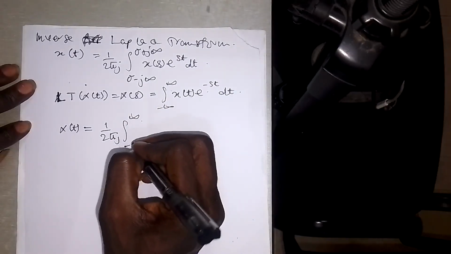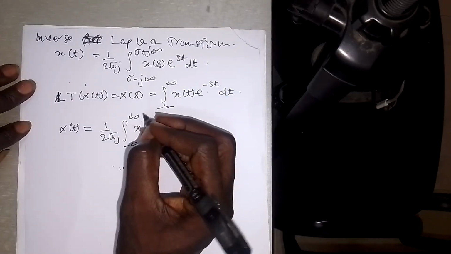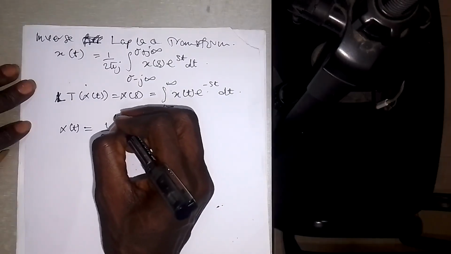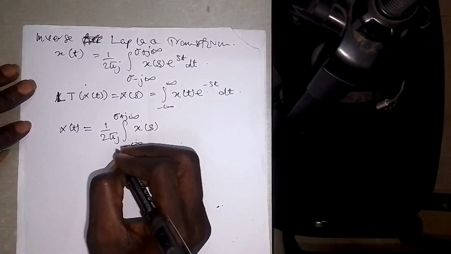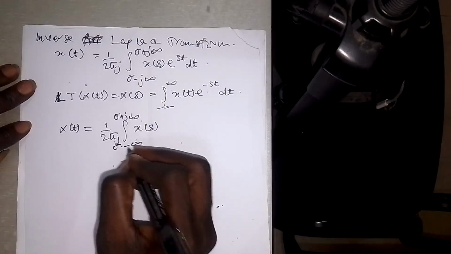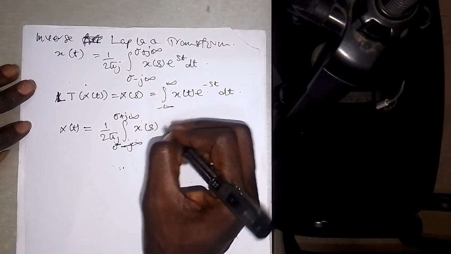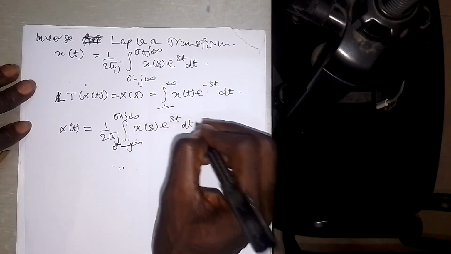The inverse Laplace transform x of t is equal to 1 over 2 pi j times the integral, here from sigma minus j infinity to sigma plus j infinity, of X of s times e to the st ds.